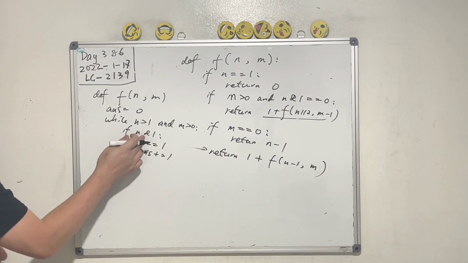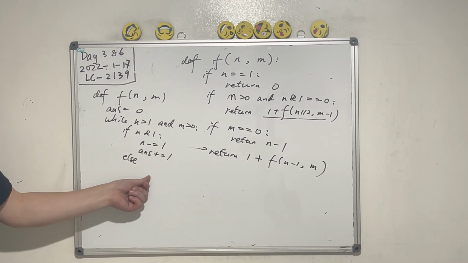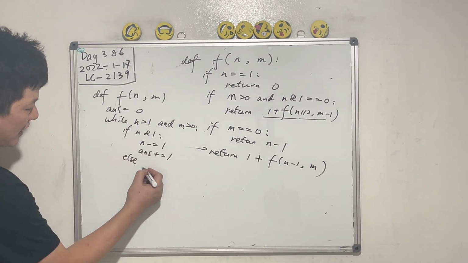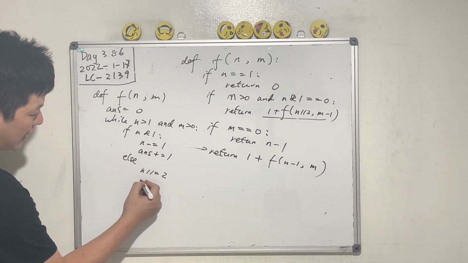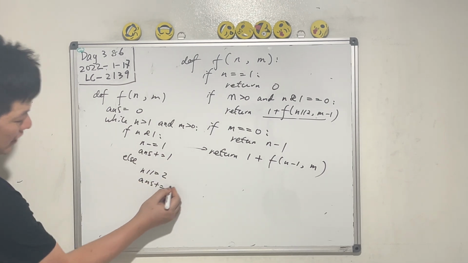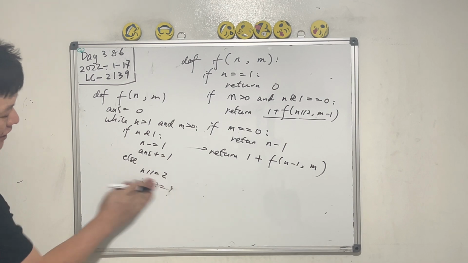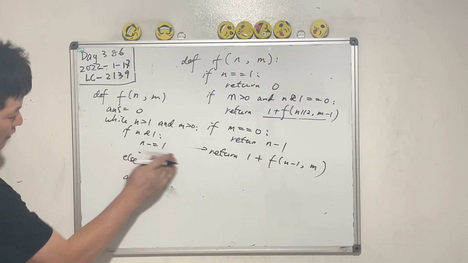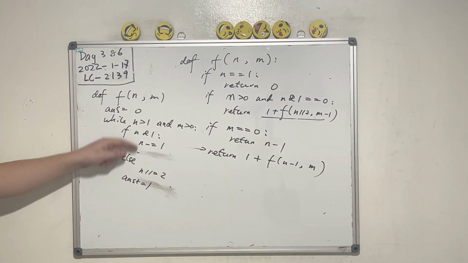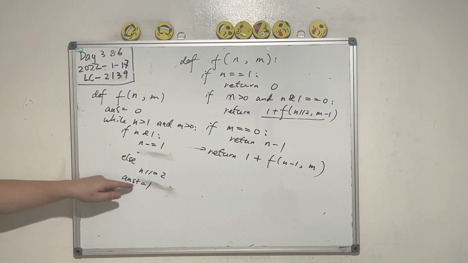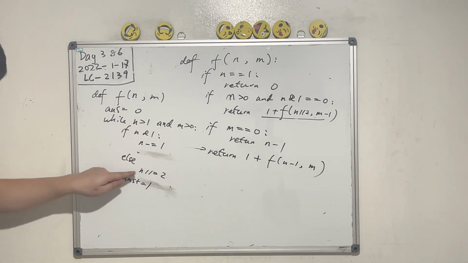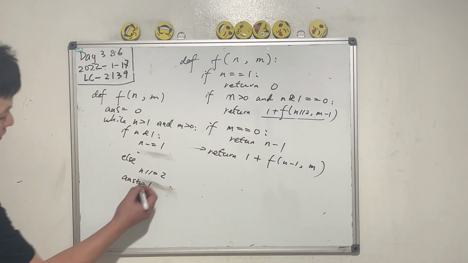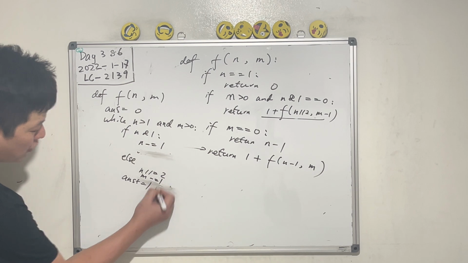Else, if n is an even number, we prefer the division, so n divided by equals 2 and answer plus equals 1. Look, in both cases answer plus equals 1, so let's move this outside to make it clear. This is division, and we have used one division, so we need m minus equals 1, right?